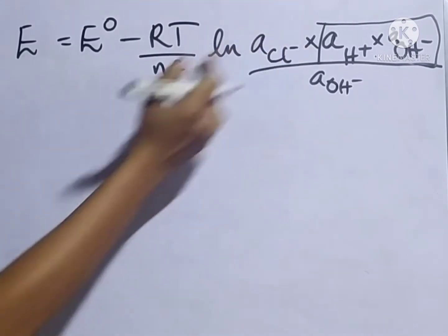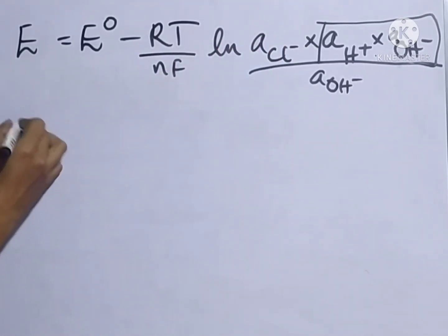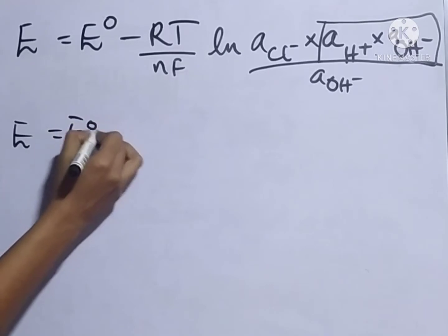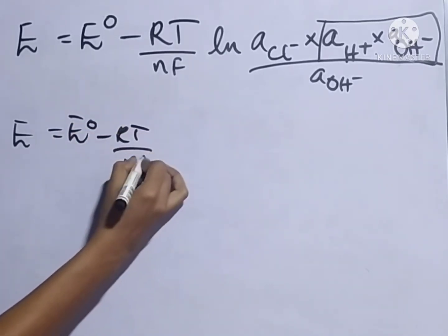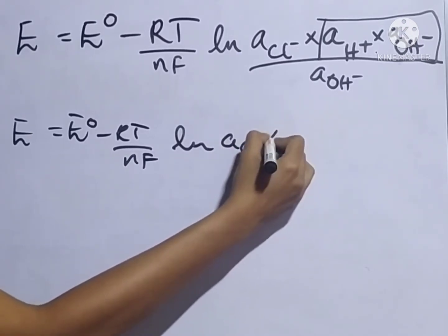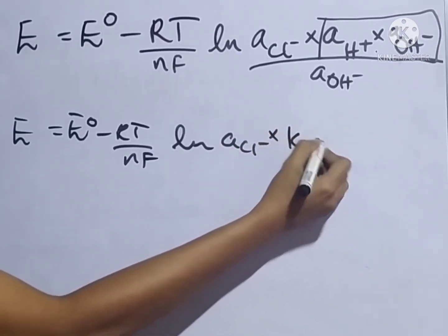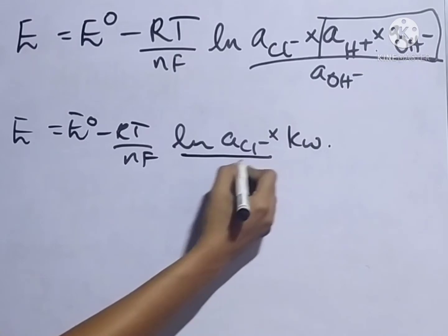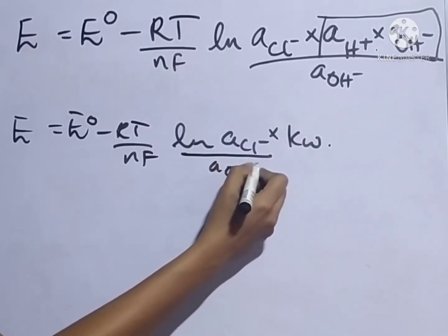So E equal to E0 minus RT by NF ln ACl minus into Kw divided by AOH minus.